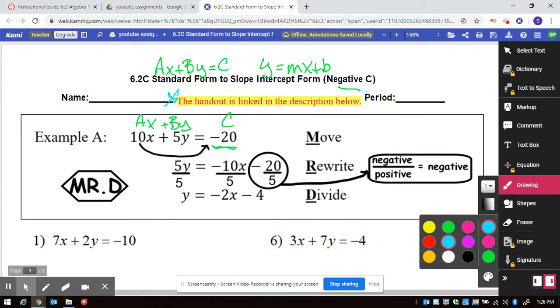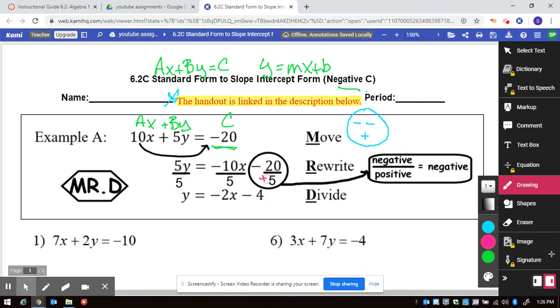To help figure out my signs, I like to use Sleepy Dude. If you've never seen him before, this is how he works. For instance, if you have a negative in your problem, like this one, where it's negative 20 and positive 5, I would circle both of those and see that the answer should be negative.